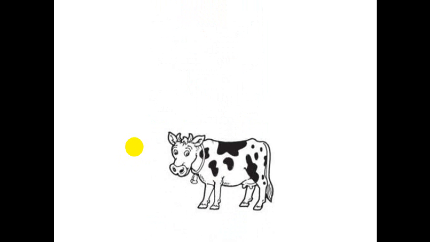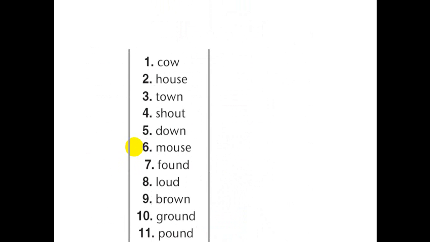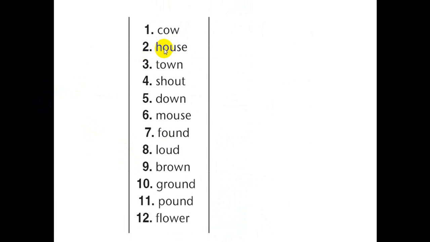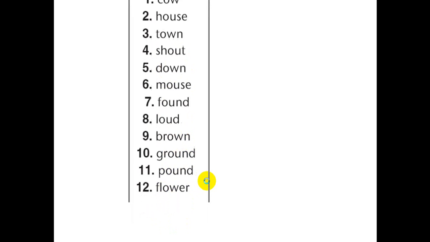The plural is mice, and this is a cow. You get milk and meat from the cow. And now let's read the words: cow, house, town, shout, down, mouse, found, loud, brown, ground, pound, flower, and now. Just only 12 words.